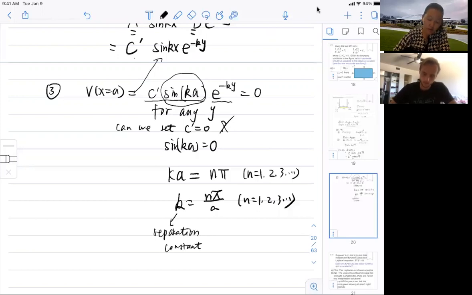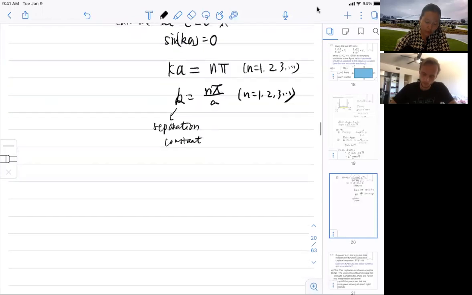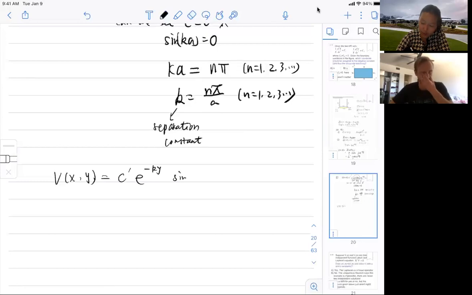Okay, so the last boundary condition, we have used 3 already. Before that, let's regroup our solution one more time to see what it looks like. So far we got v(x,y) is c prime e to the negative ky sine of kx. But k, we already know, is n pi over a, and n is 1, 2, 3, and so on.